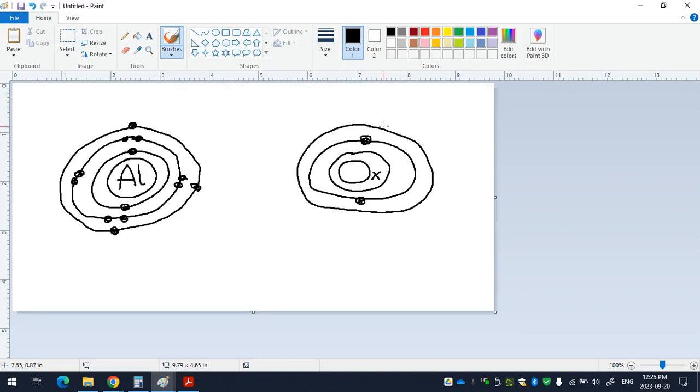I've already finished 2, so I need 6. I'm going to put it here and here. Are we good so far? Can you tell me how many circles aluminum has? 3. Everyone, 1, 2, 3. Is the first circle full?